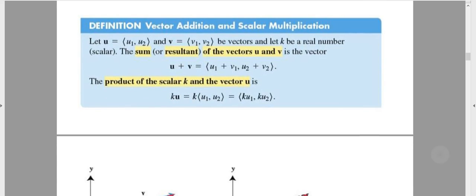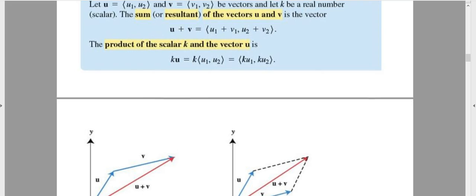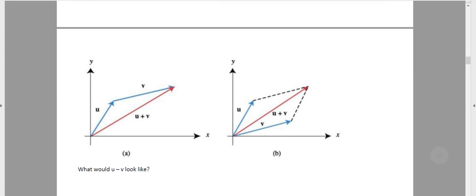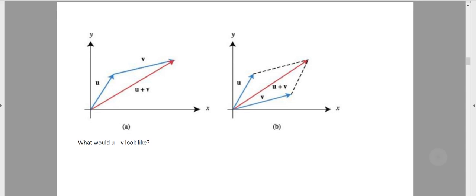All right, so adding vectors is easy. You just add the x's and you add the y's. And so the picture of that looks like this. This is very typical of the problems that we dealt with, the airplane and the wind speed and how they combine together, whether or not the wind is going with the plane or fighting against the plane.